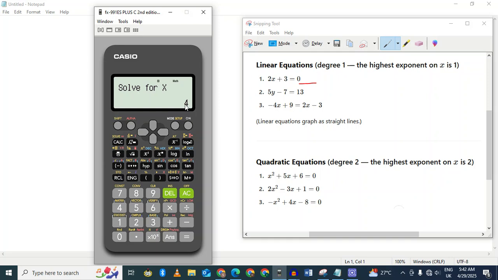In the same way, we are going to calculate using the calc function. It's asking what we are calculating for, x. It gives us the value of minus 2. But one thing you should take note of here is that a quadratic equation has two values of x. We can see the highest exponent of x is 2, so we have two values for x.